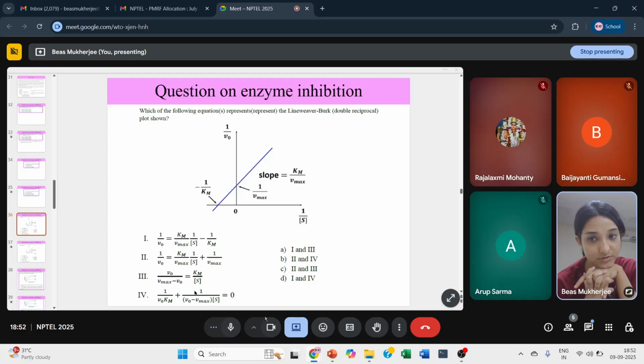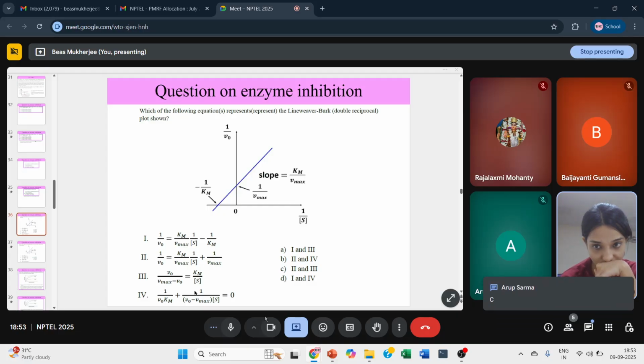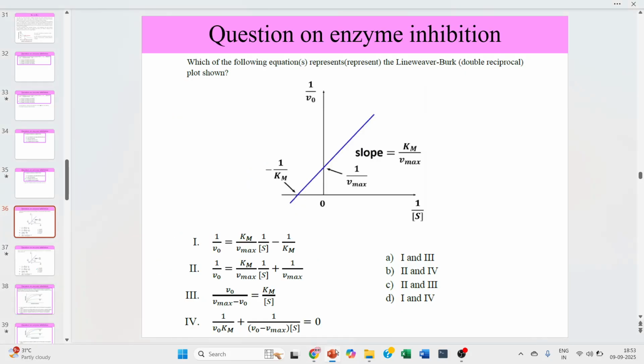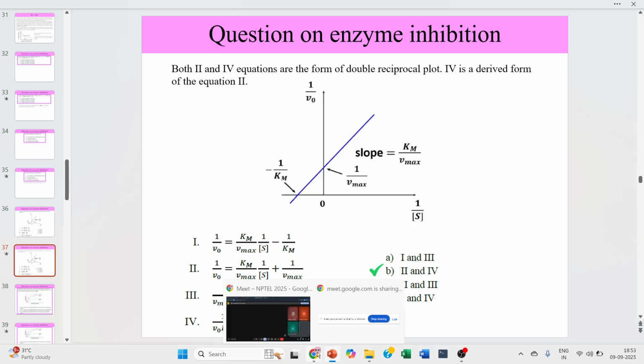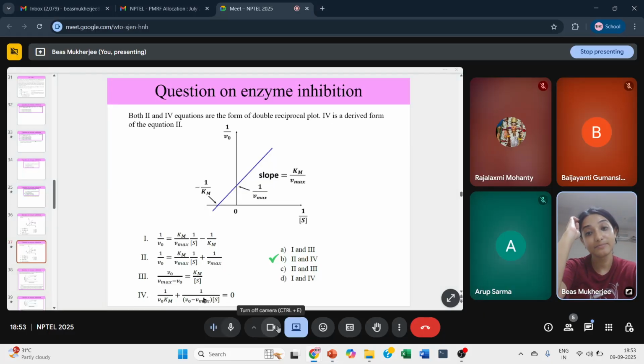Two of these are correct, and which two of these are correct? C. Okay, so C is 2 and 3. Okay, let's see. The right answer is actually B. So why is it B? Because B is 2 and 4. 2 and 4 are correct.